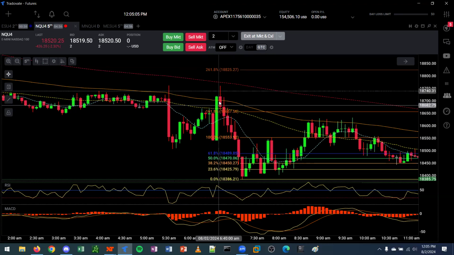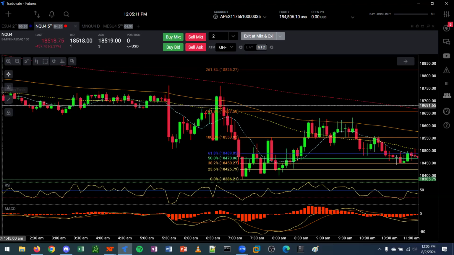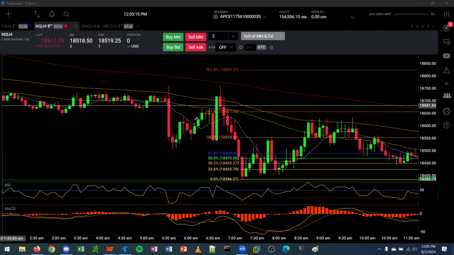Since it broke above it and it didn't hold, you always want to look for the back test of a moving average. If it breaks above, like it did right here, we got the back test, but it didn't hold.